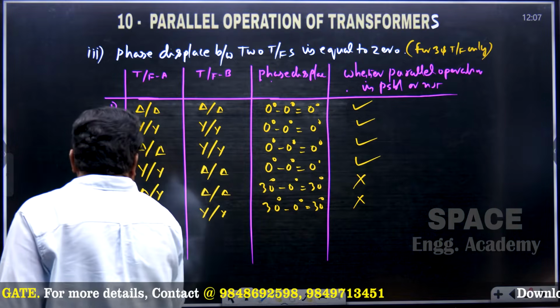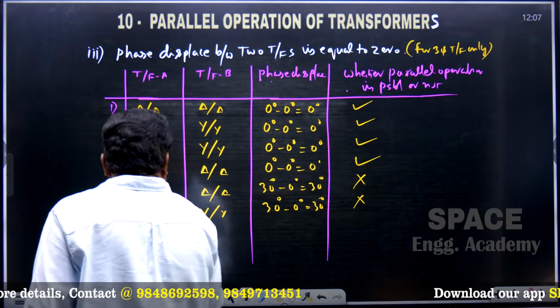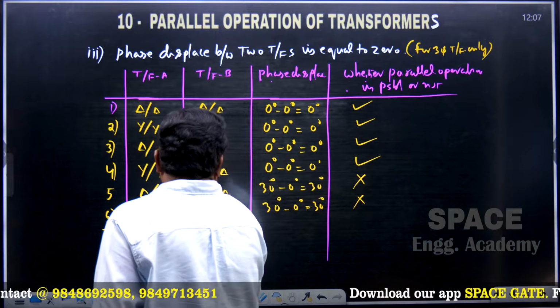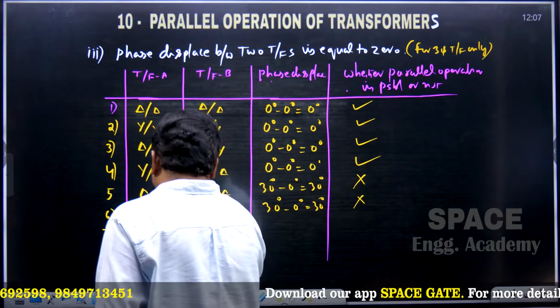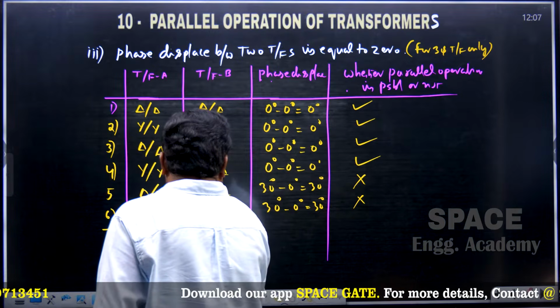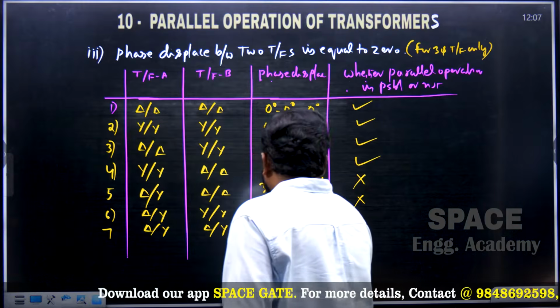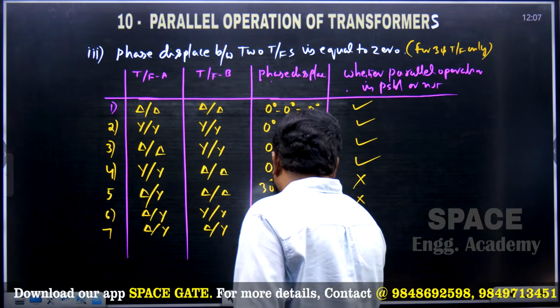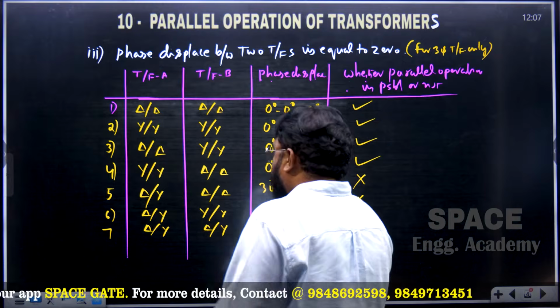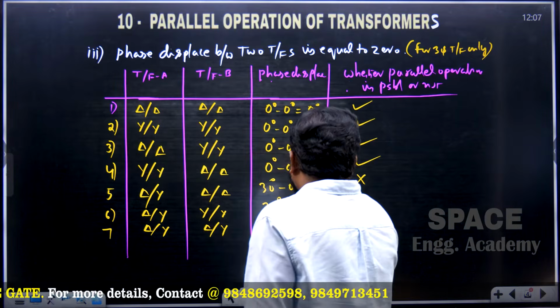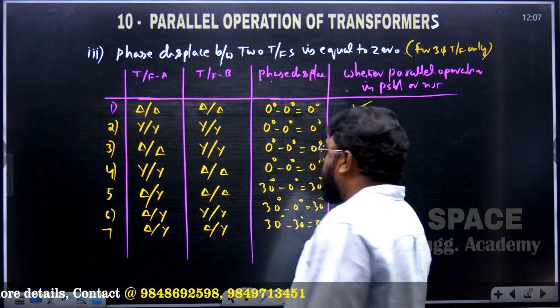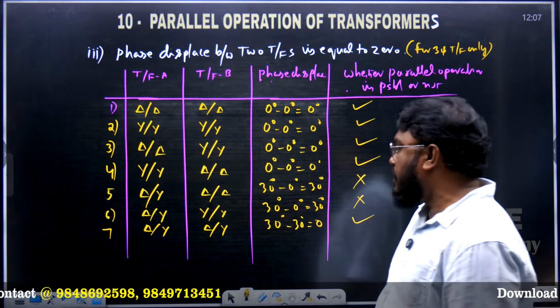And next combination, suppose delta star and delta star. Suppose I have taken delta star only, and 30 degrees minus 30 degrees; we have considered it as plus 30 degrees only, and it is equal to 0. So these two transformers are suitable for parallel operation.